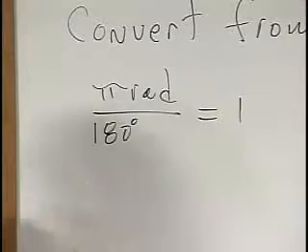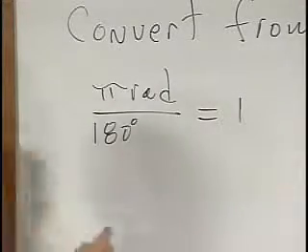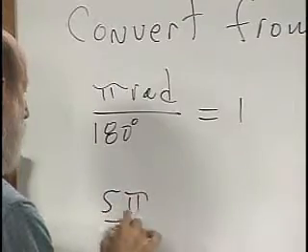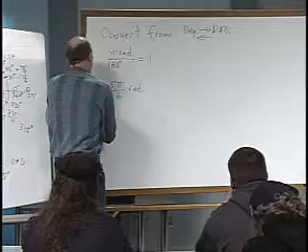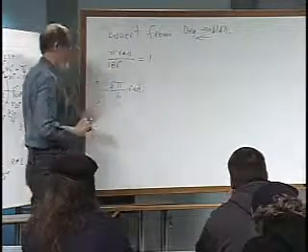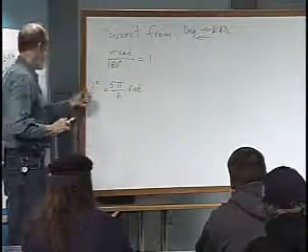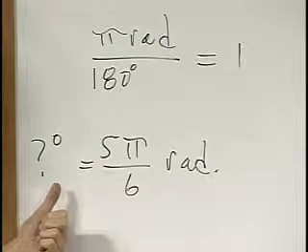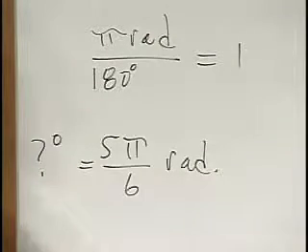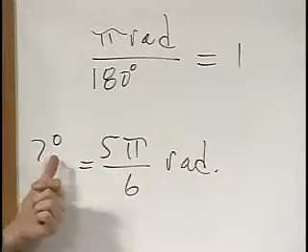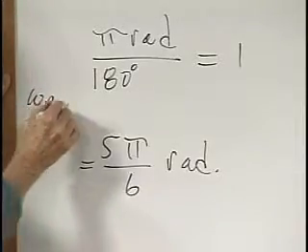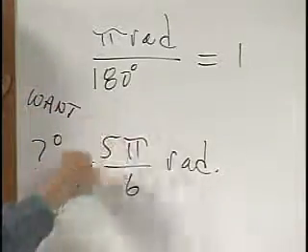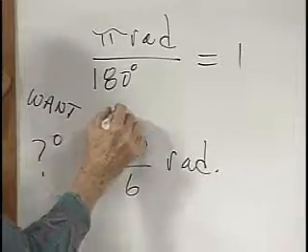So let's say I took one of our angles, 5 pi over 6 radians, and I was interested in how many degrees that is. Now, the way I convert units is I always do it this way, and if you're taking a chemistry class or some other biology course where you're converting units, this is the way I usually do it. I start out with what I want over here, and here's what I'm starting with, my given information.